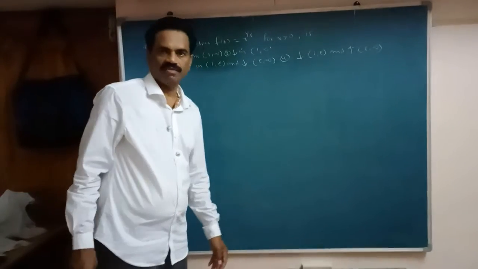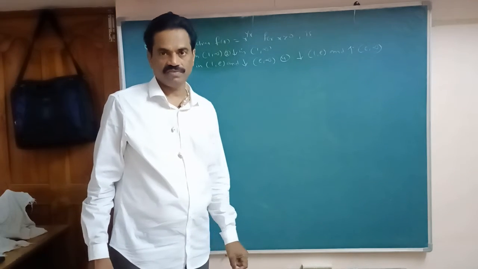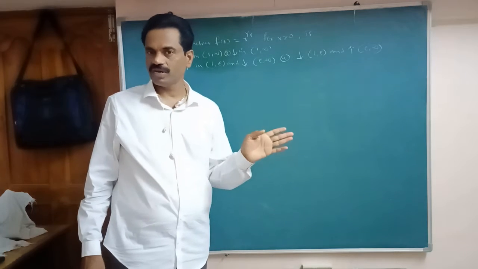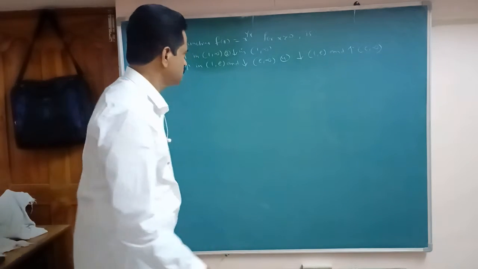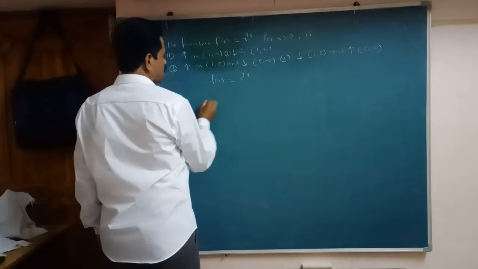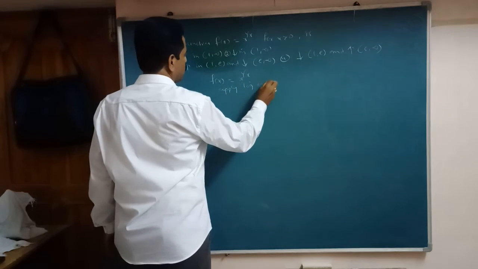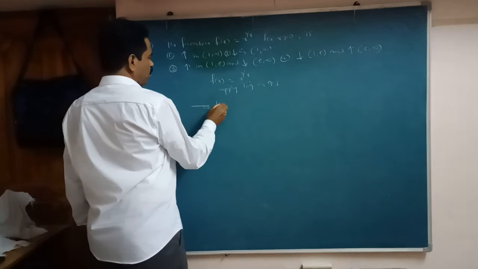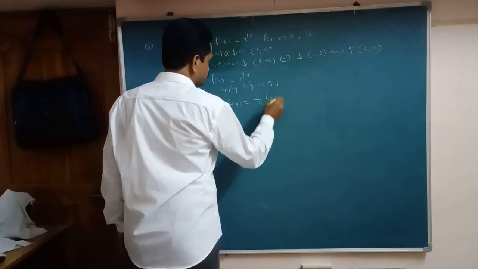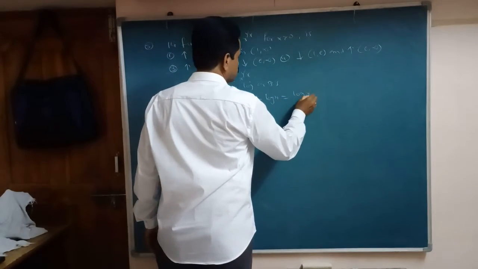Same, f dash is to be found here. You know that variable power variable, which differentiation do we have to do? Logarithmic differentiation. So first we apply log on both sides. Given function f of x equal to x power 1 by x. Apply log on both sides. That is log f of x equal to 1 by x into log x, equal to log x by x.